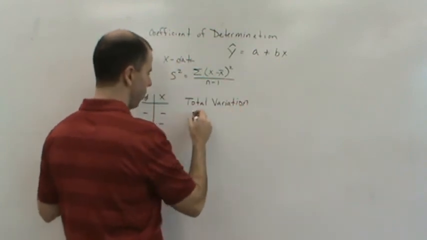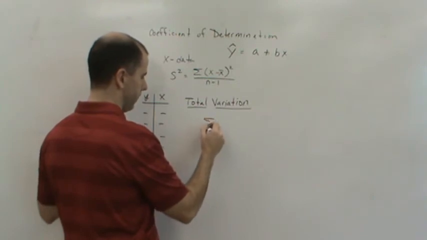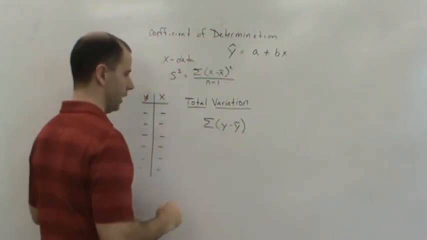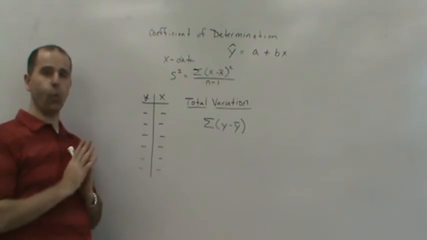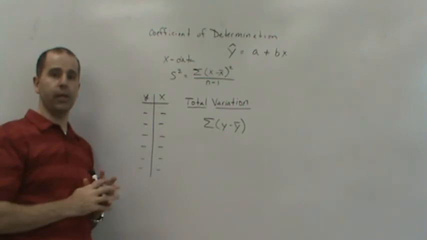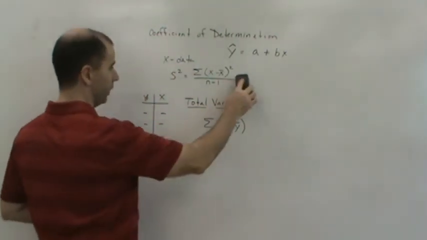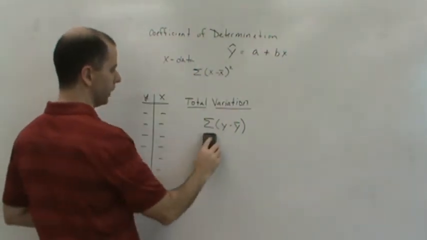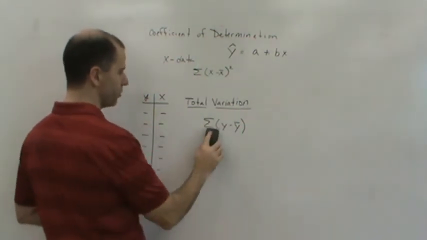So total variation is equal to this. That's a measurement of the total variation that we see in the y data. It looks very similar to our calculation for the variance of x, and it would be exactly the same if we got rid of this. We're just looking at the variation in the y values. So this is total variation.